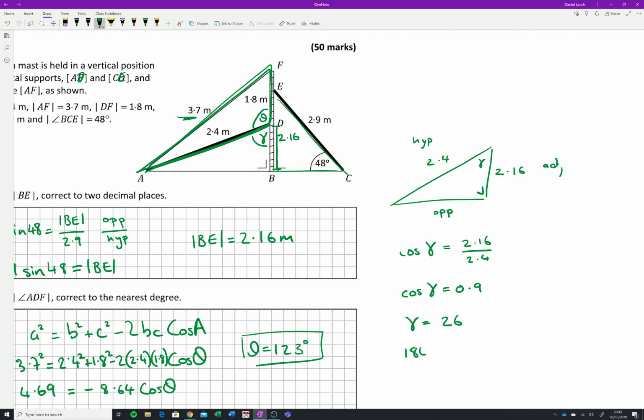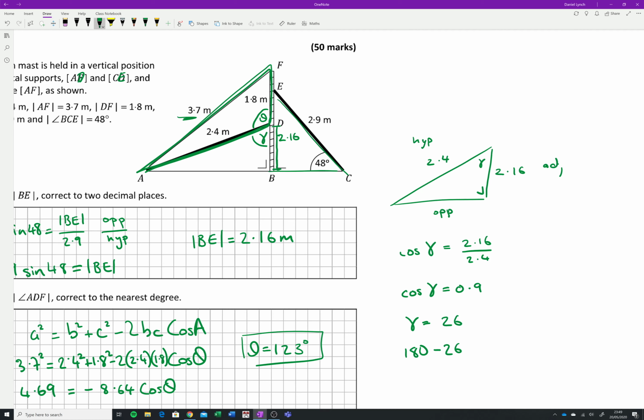And if you do 180 minus 26, you do end up with 154, which is totally different to the answer that we got there. Have I done anything stupid? Let me just think about that. It is adjacent and it is hypotenuse. It is 2.16 and it is 2.4.